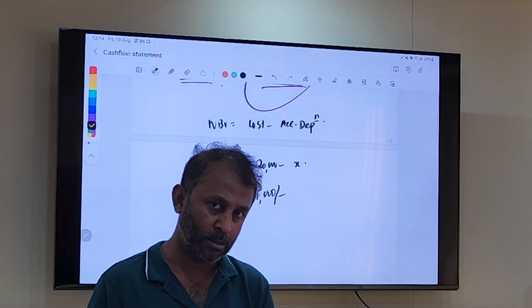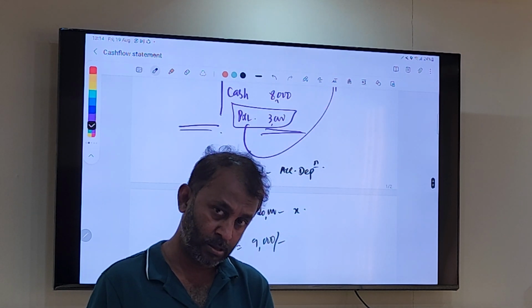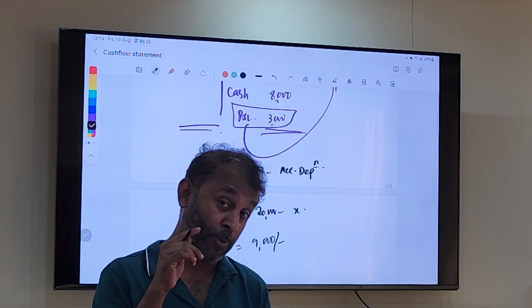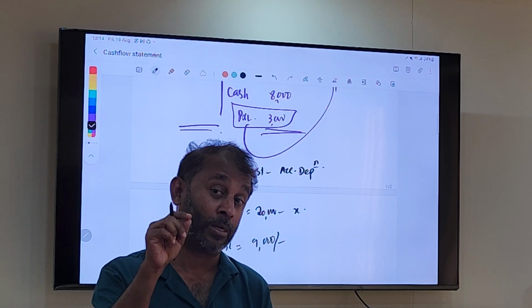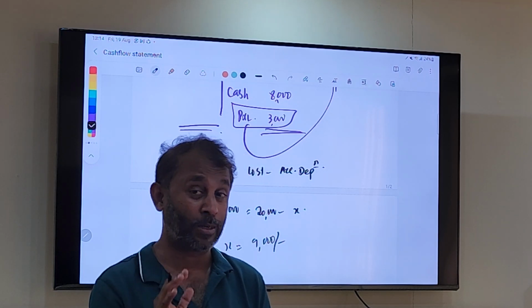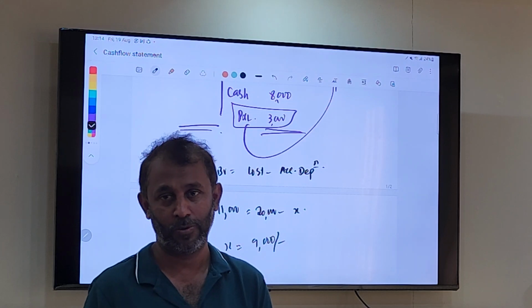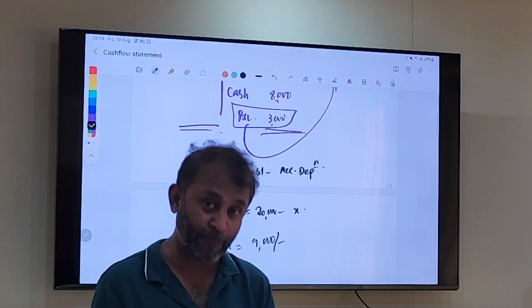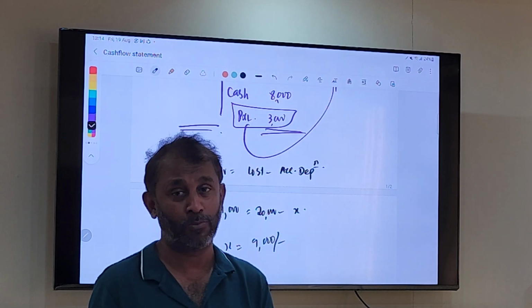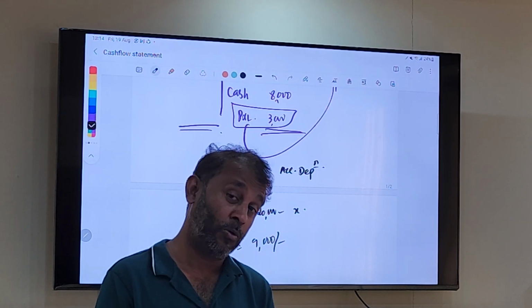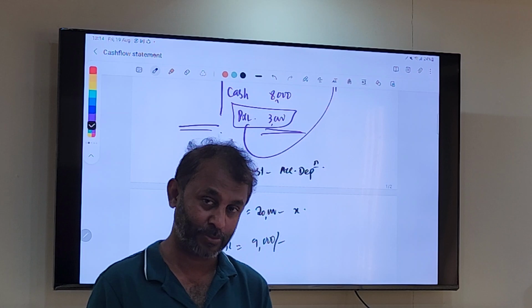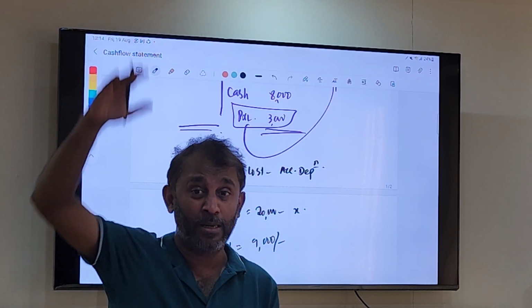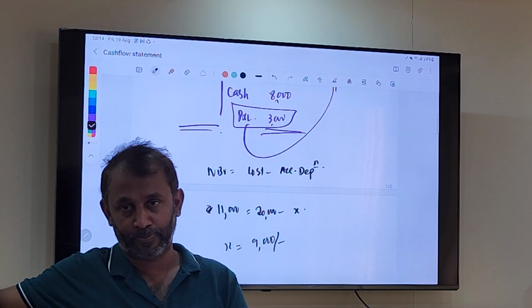So in this formula, we have to minus the scrap value? No. Scrap value subtraction is for the purpose of calculating depreciation, not to calculate the net book value. There's no requirement to include the scrap value in calculating your net book value. Net book value you have to calculate every year. Scrap value comes at the end of the lifetime of use.